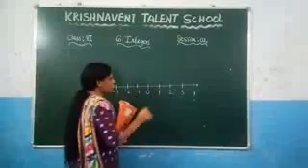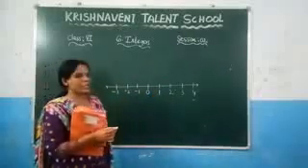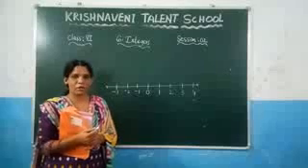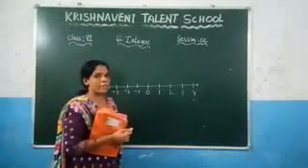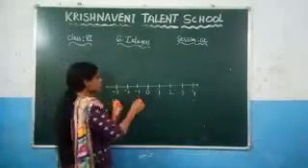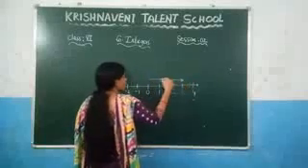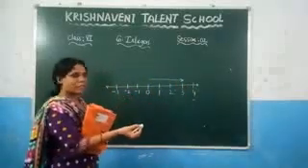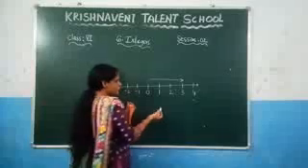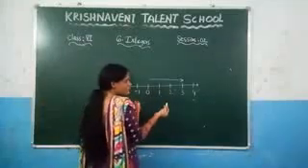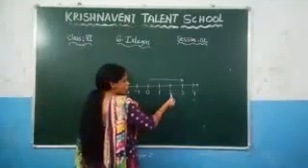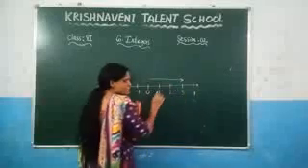If you see here, you can observe that while going to the right side of the number line, the number will be increasing, right? Suppose I am going in this direction, the right side, the number is increasing. You know that 1 is less than 2, 2 is less than 3, 3 is less than 4, like that.